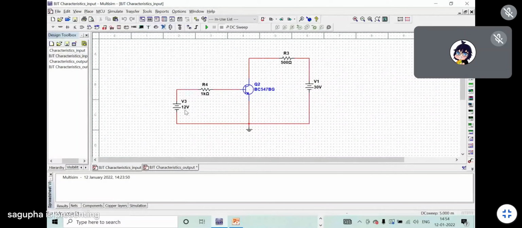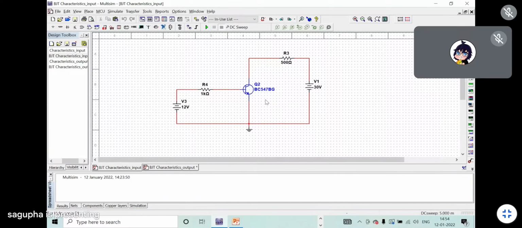I have given an input voltage of 12 volt and the VCC, that is your output voltage, as 30 volt. Generally VCE is greater; we use a greater value for the output side. So we have to check the input characteristics.